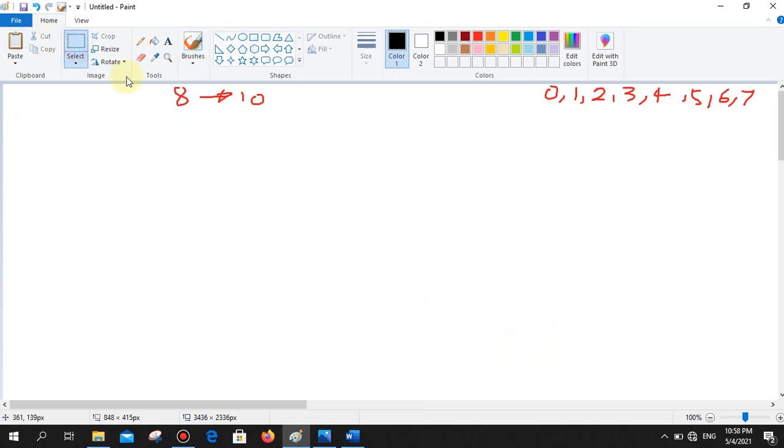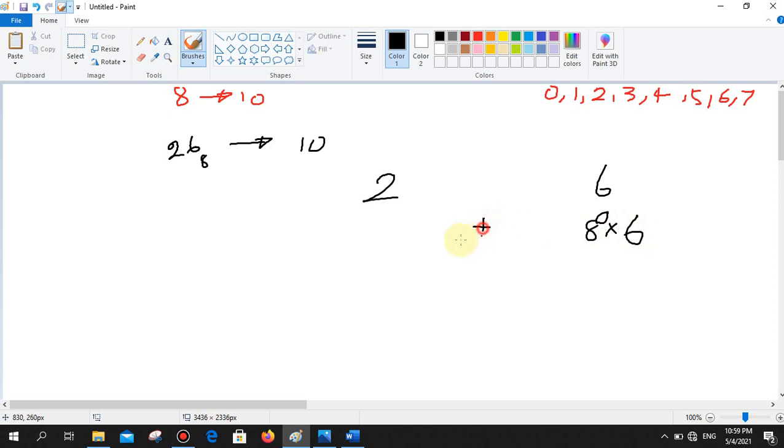We'll try out another example. The next example is 26 octal into decimal. I will write it here, 2 and 6: 8 to the power of 0 into 6 plus 8 to the power of 1 into 2.